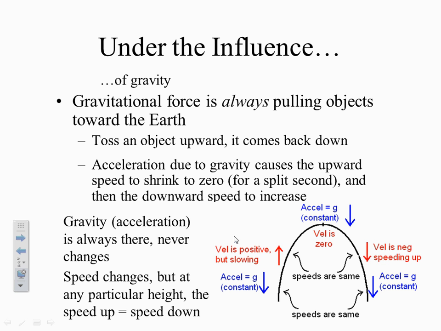Your textbook talks about what assumptions you are making. Some of the assumptions are there's no air resistance. If there were air resistance, which is something we'll discuss later on, then the speeds wouldn't be perfectly lined up like that.